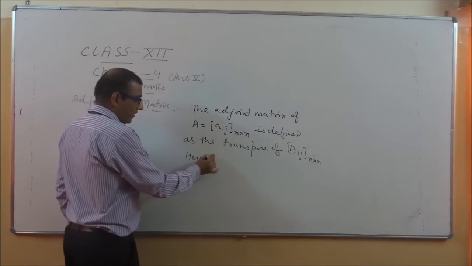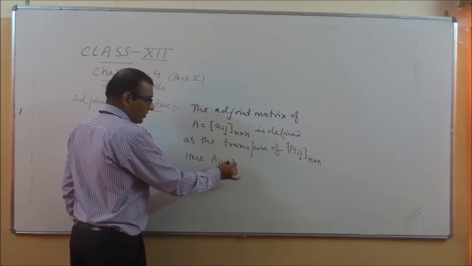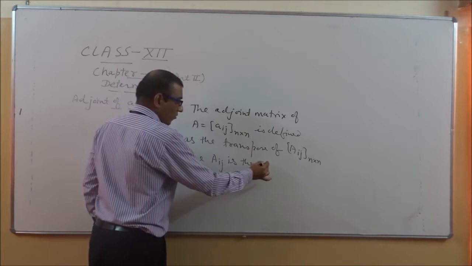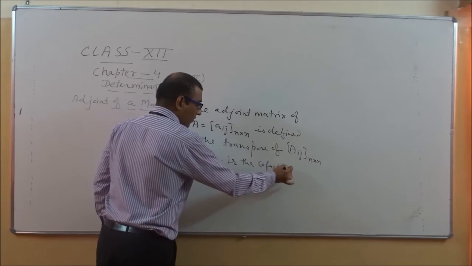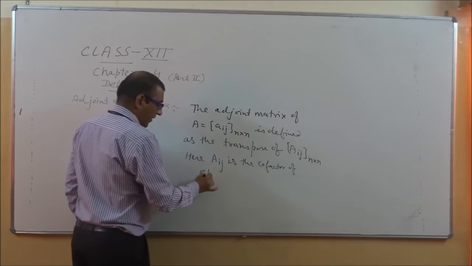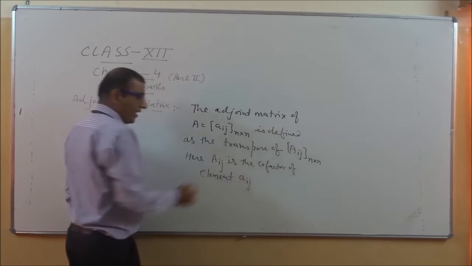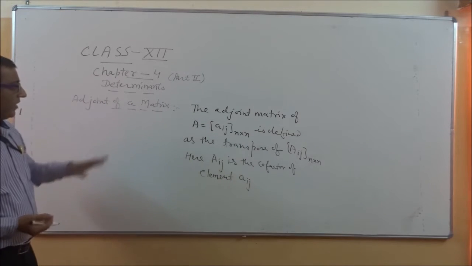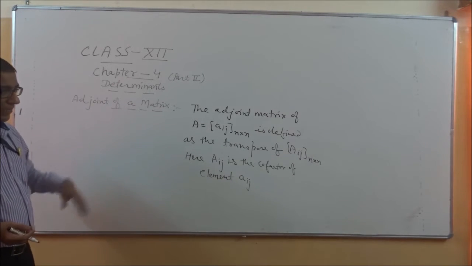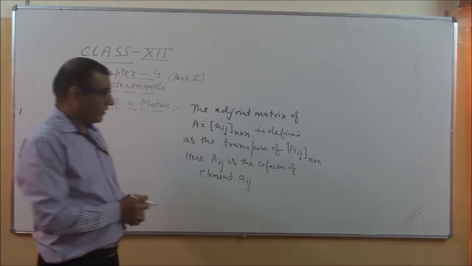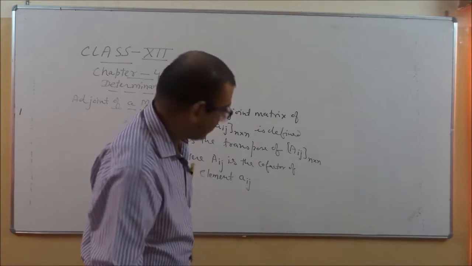Here Aij is the cofactor of element aij. This is the meaning of adjoint of a matrix, and how can we express it?